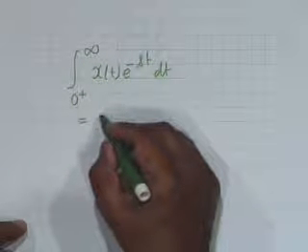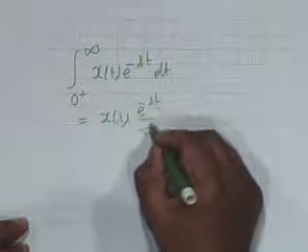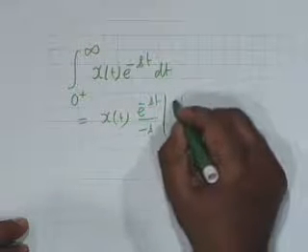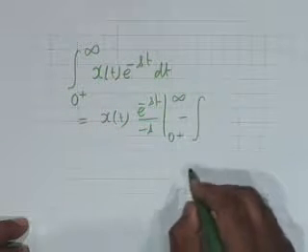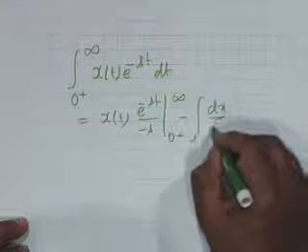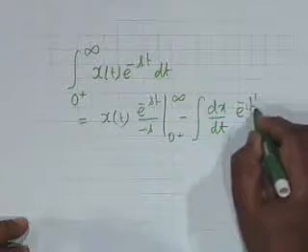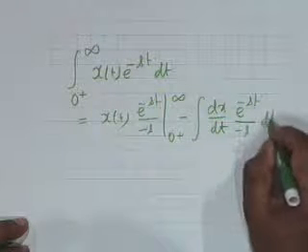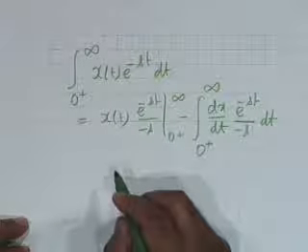That is, first function x of t times integral of the second from 0 plus to infinity, minus integral of the differential of the first function, that is dx dt, times integral of the second, e to the minus st by minus s, times dt integrated from 0 plus to infinity.